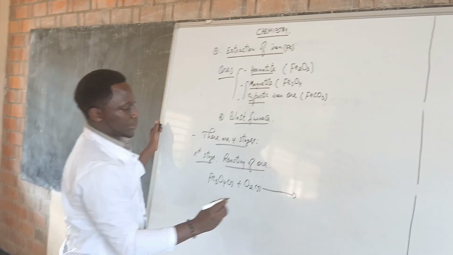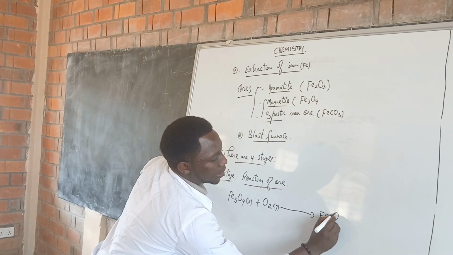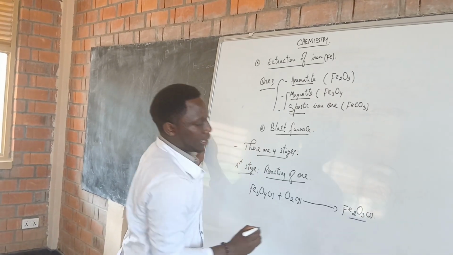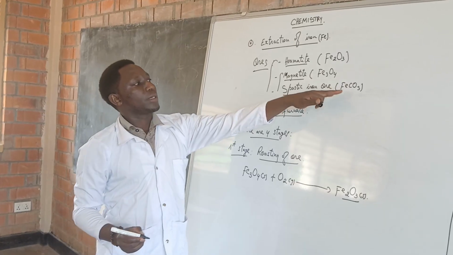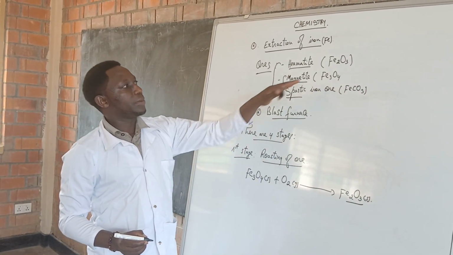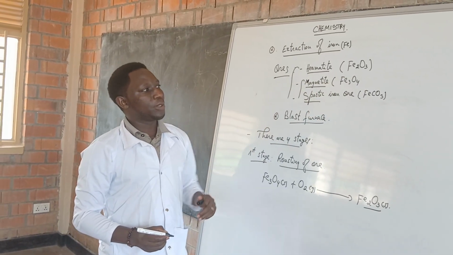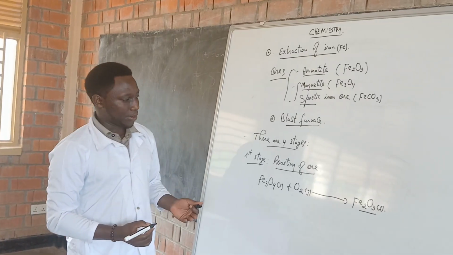This produces hematite, iron 3 oxide, our main mineral. Also when you extract iron carbonate, you have to burn it in order to make hematite. When you burn this spathic iron ore, it produces iron 3 oxide and carbon dioxide.